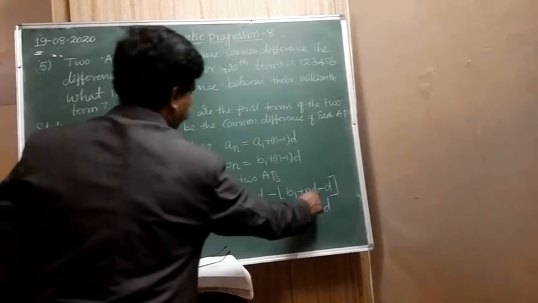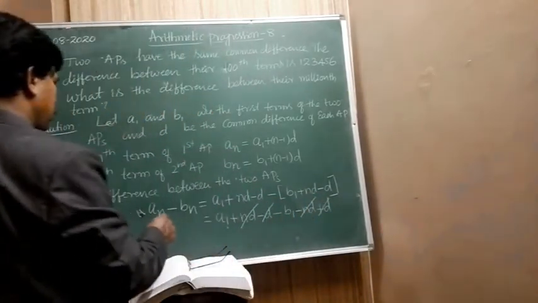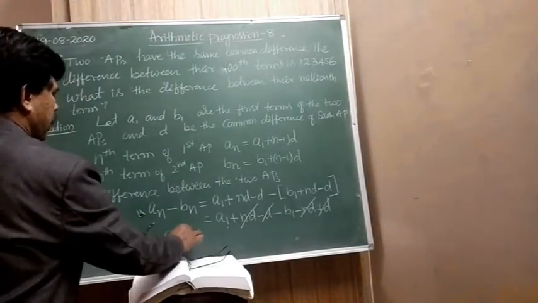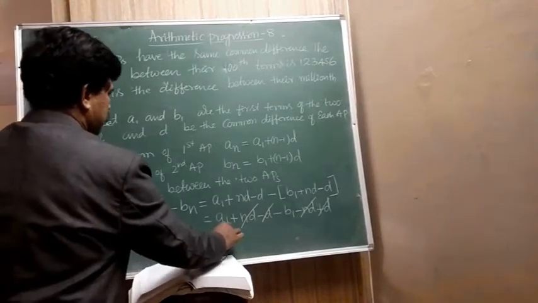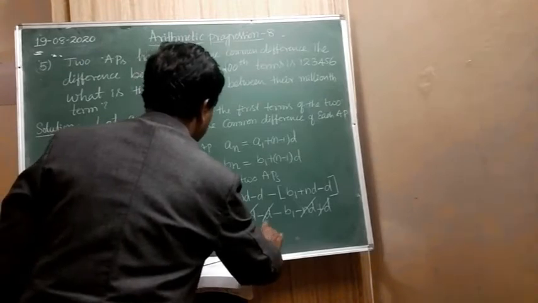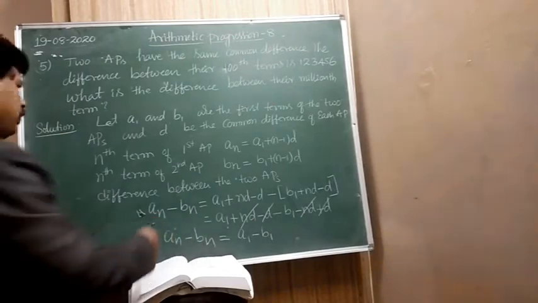Plus ND minus ND, minus D plus D get cancelled. Therefore, look at this, AN minus BN is equal to what? A1 minus B1. So what is the meaning of this?